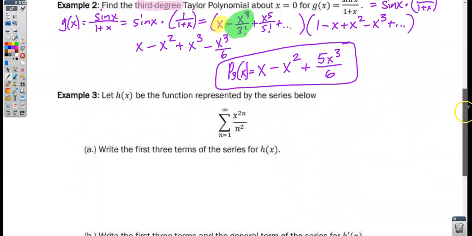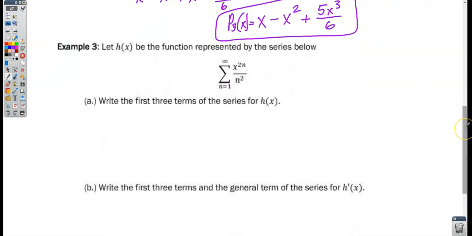All right, example 3. Let h of x be the function represented by the series below, sum from n equals 1 to infinity of x to the 2n over n squared. Write the first three terms for the series for h of x. So we're going to substitute 1 in here for n first.